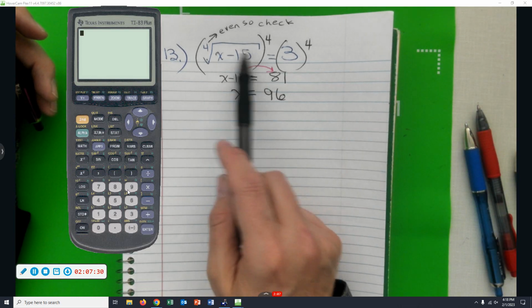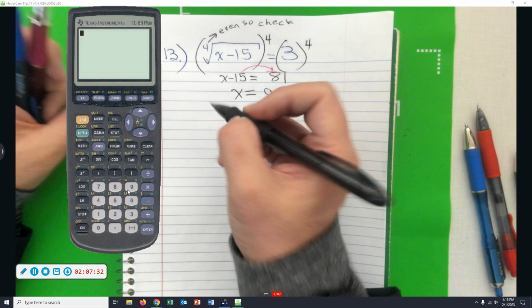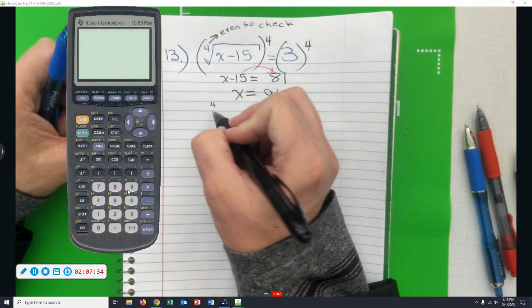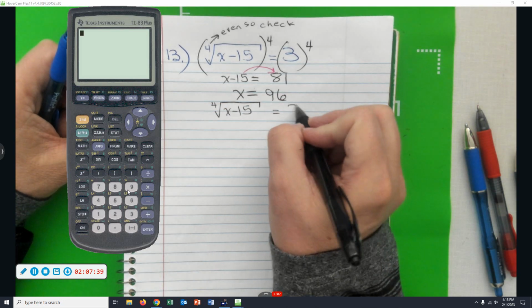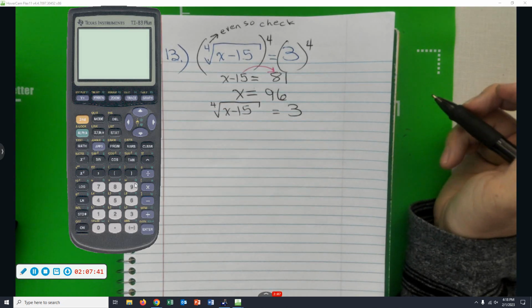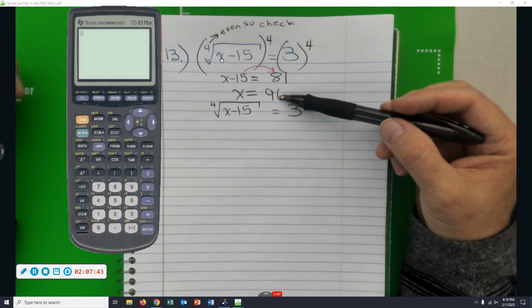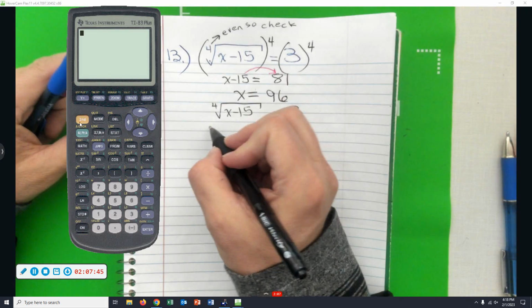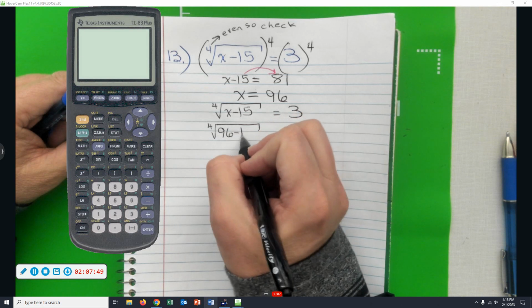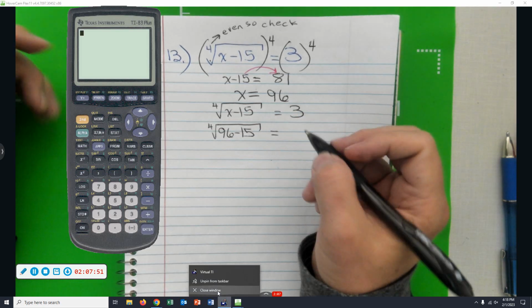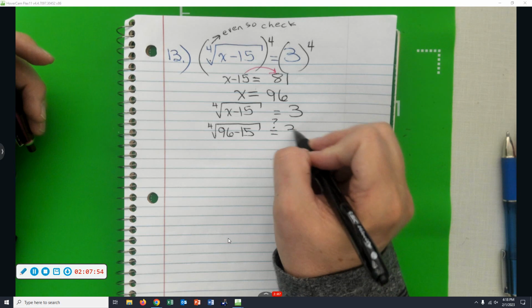Now let's check. The radical was already isolated, so that's the one I'm going to check in. The 4th root of x minus 15 equals 3. Plug in the 96. Will that equal 3?